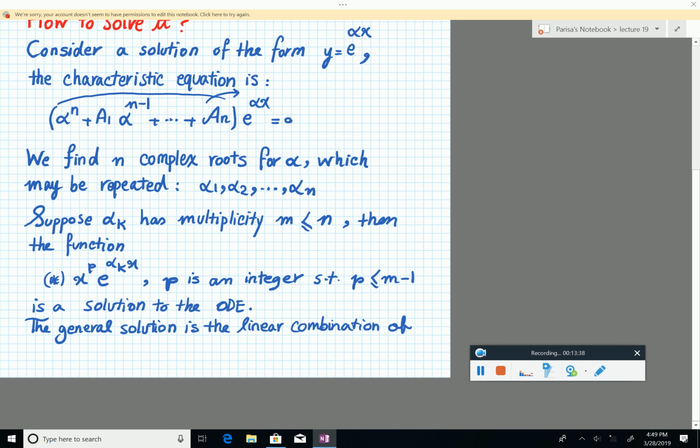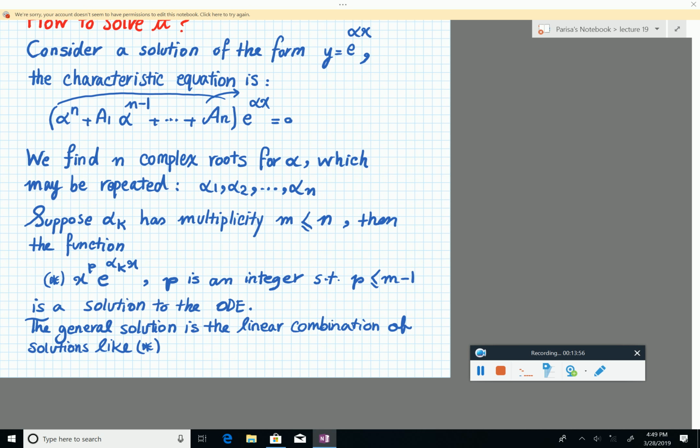I mark this with an asterisk of solutions like this one. Okay, that's all the review I wanted to do.